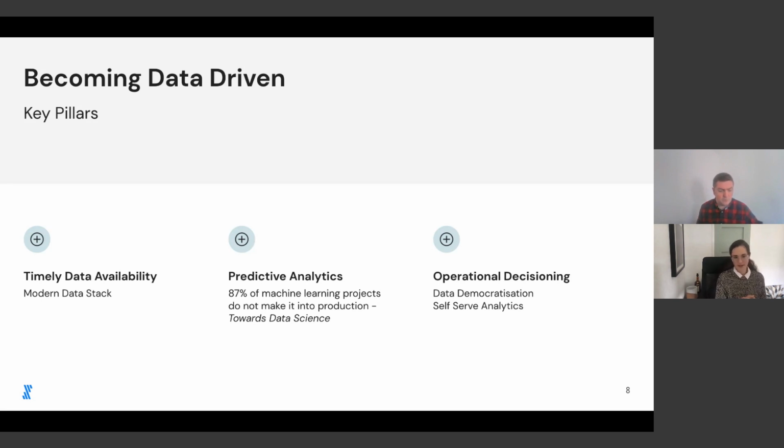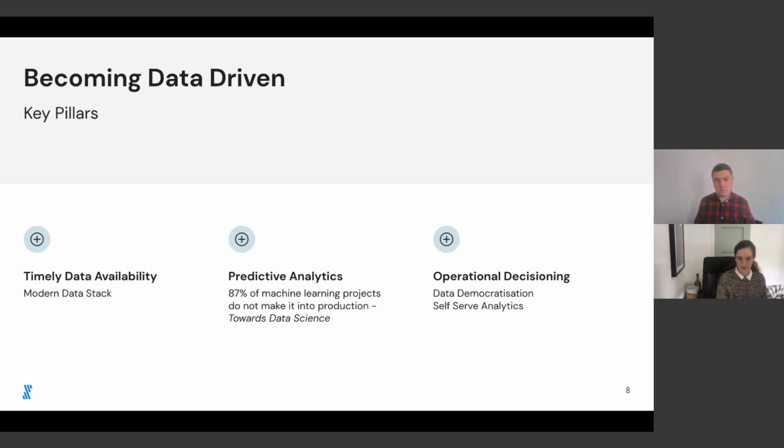The predictive analytics part of becoming data driven is definitely not solved. I mentioned at the top of the call my own experience in the data science industry, building data models that just never made it into production.